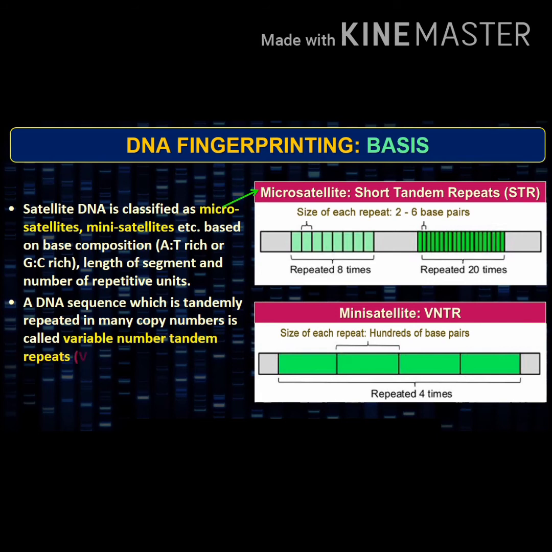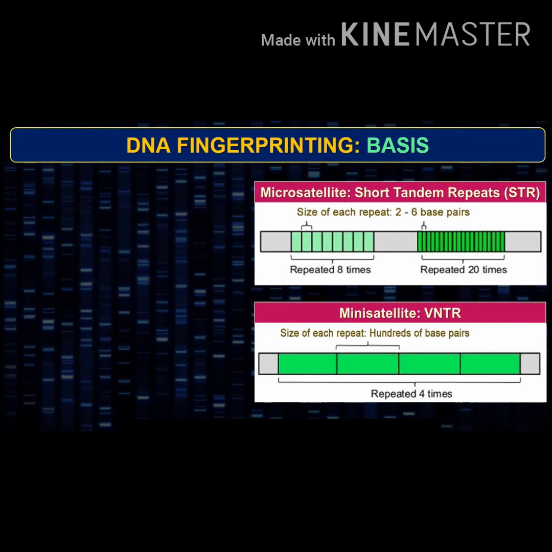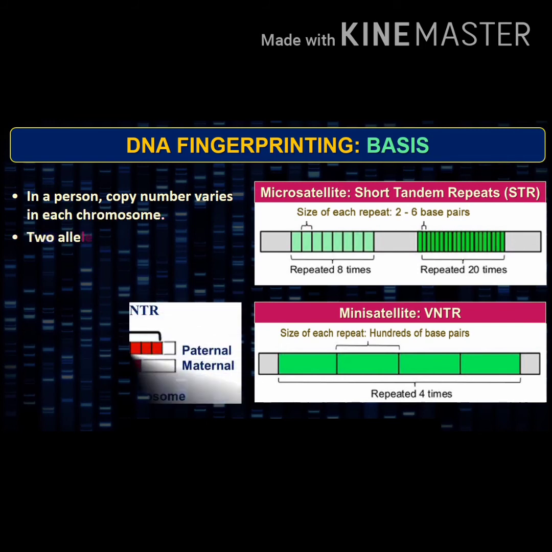A DNA sequence which is randomly repeated in many copy numbers is called variable number tandem repeats, or VNTR. VNTR belongs to minisatellite DNA. In a person, copy number varies in each chromosome.